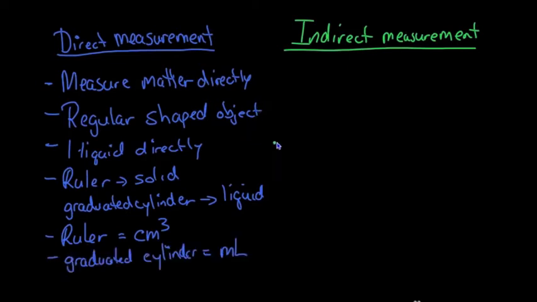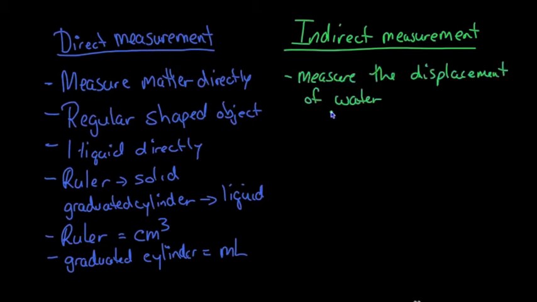If you're making an indirect measurement, you're going to measure the displacement of a substance or water. Another name for indirect measurement is the displacement method. We use this type of measurement to determine the volume of irregular shaped objects, meaning objects that are bumpy or round or don't have equal lengths, widths, and heights.